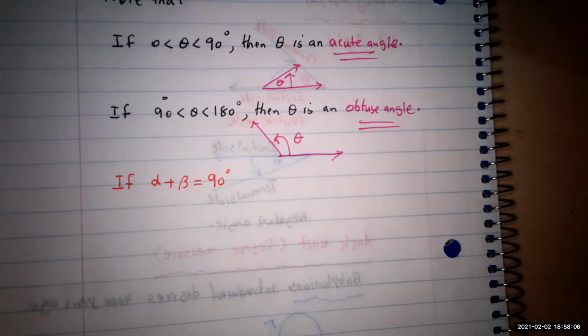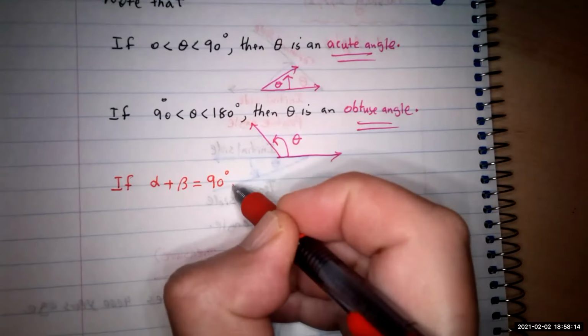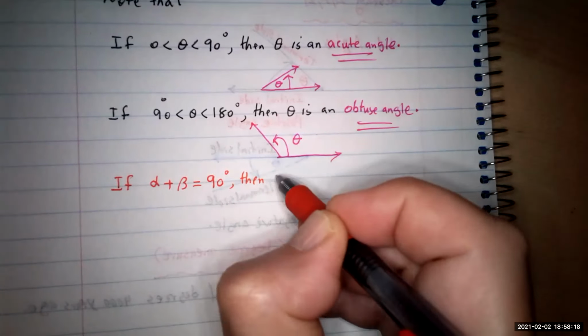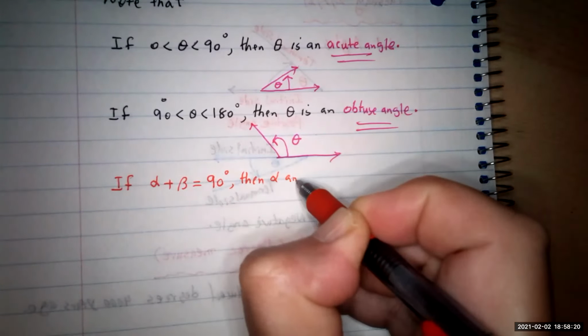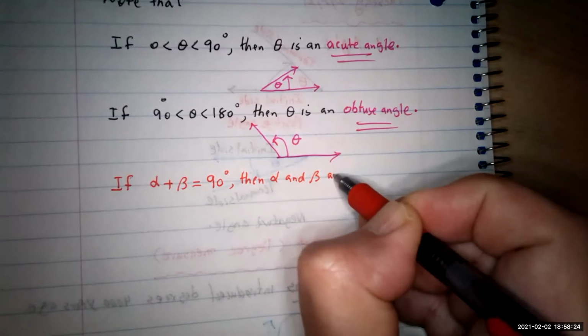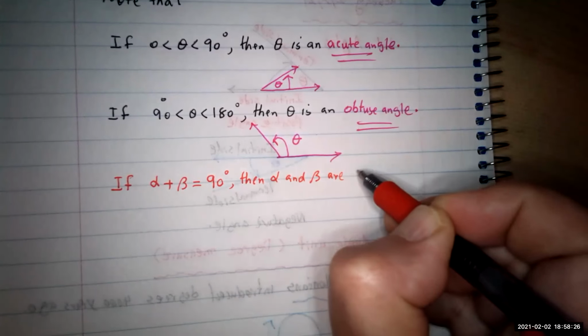You must know the name because you have it in your problems, the first assignment that you have. So if alpha plus beta is 90 degrees, then alpha and beta are complementary angles.